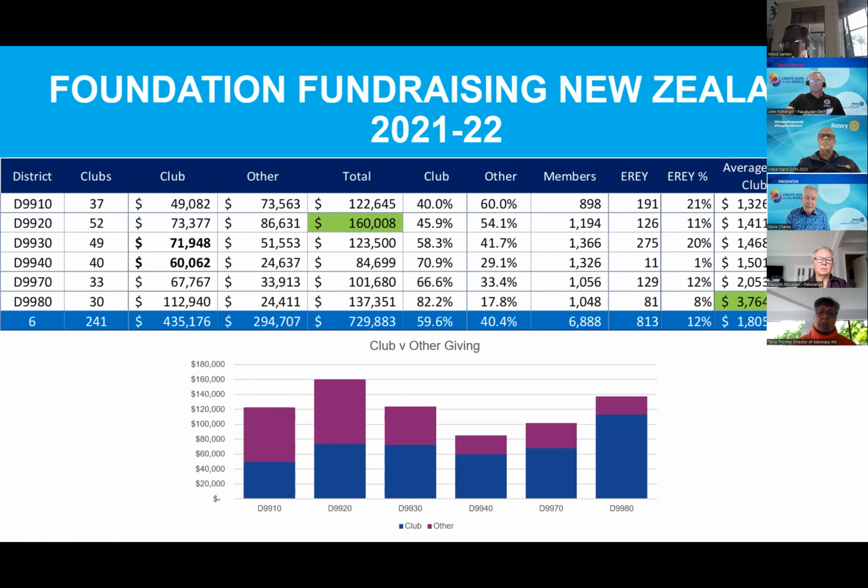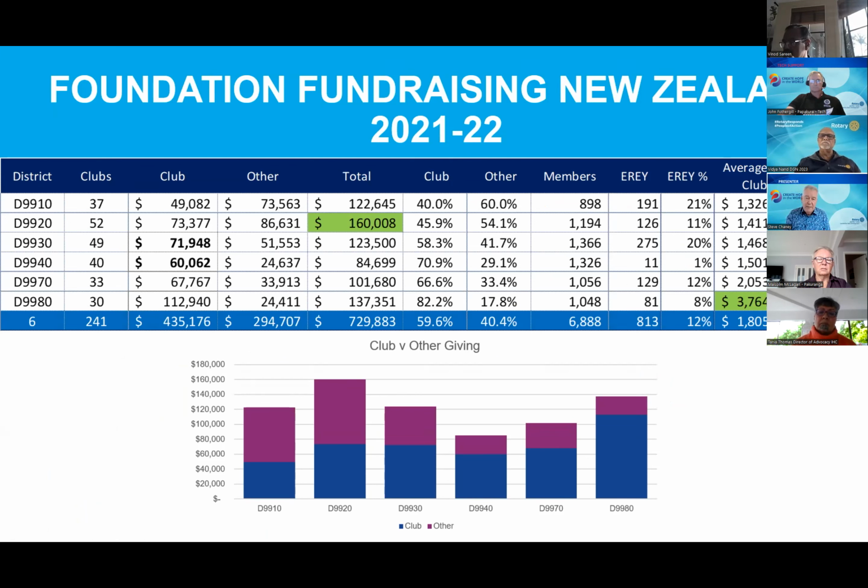So the giving, and this is for New Zealand only, the blue is clubs and the orange, my colourblind eyes, is what individuals give. And you can see there has been a trend down, which then has an impact on how much DDF and district grants that we get.